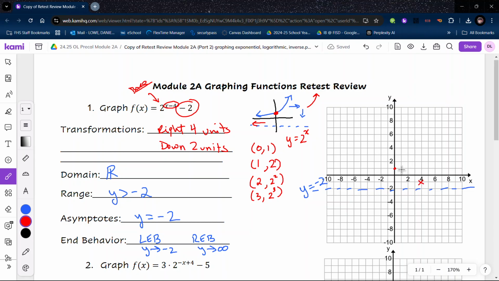The point (1, 2) is going to move to the right by 4 units and down 2 units. The point (2, 4) is going to move to the right by 4 units and down 2 units. The point (3, 8) is going to move to the right by 4 and down 2 units. And so there we'll have the better form of my graph. So you want to be careful about plotting your points and getting the correct graph.